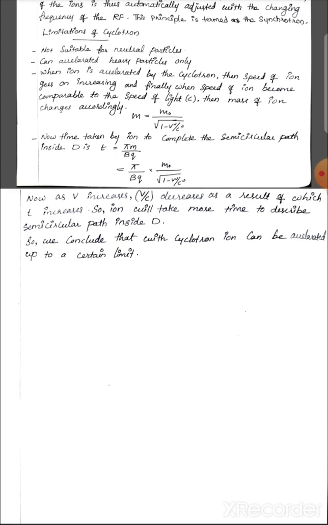Now as v increases, the root term decreases as a result of which small t increases. So, ion will take more time to describe semicircular path inside D. So we can conclude that with the cyclotron ion can be accelerated up to a certain limit. Thank you.